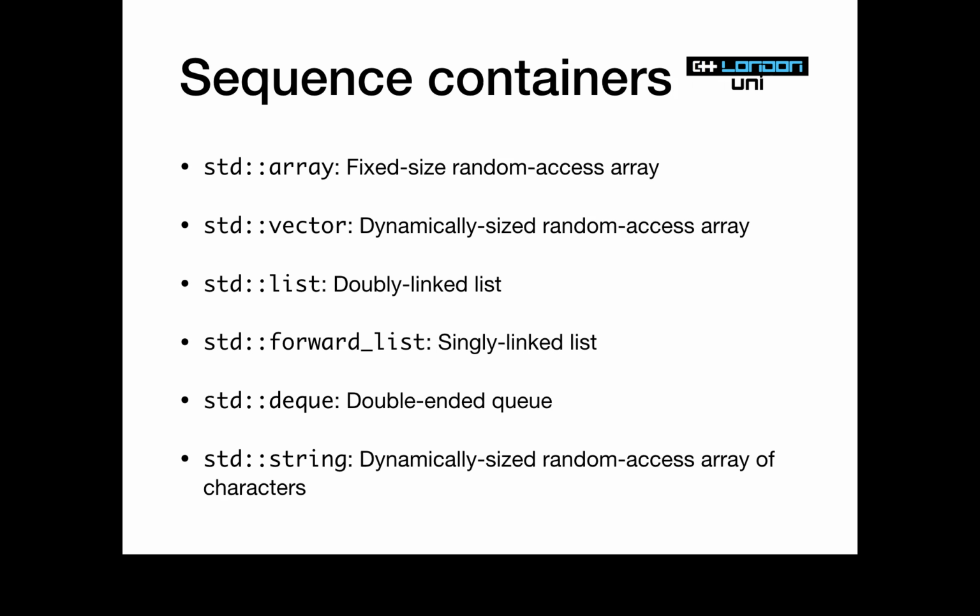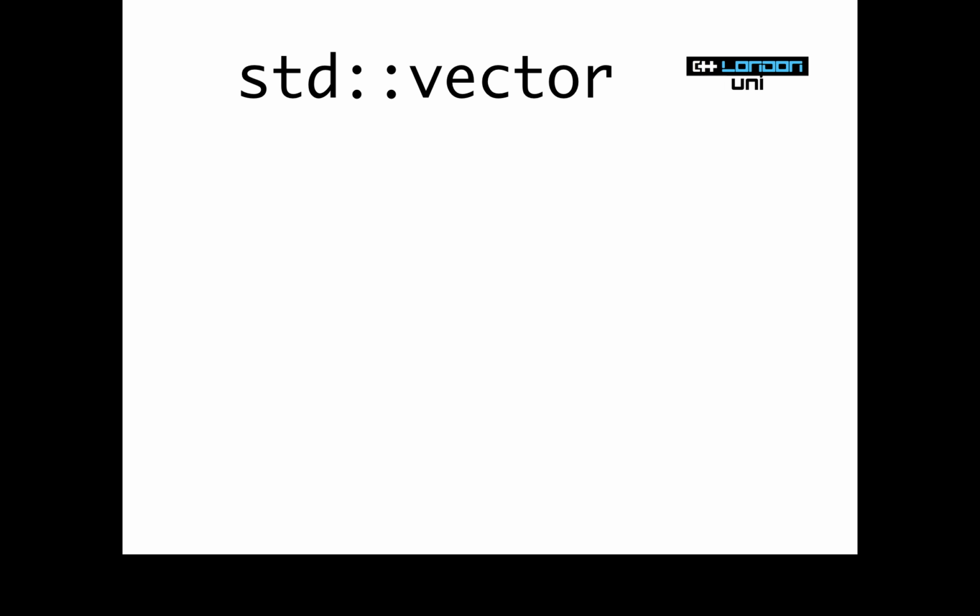So string is pretty much like a vector, but especially for storing characters, and it's got some extra member functions on there that are useful when we're dealing with arrays of characters. Again, I'm just going to run through these very quickly because I did go through them last week. But standard vector, if you're familiar with arrays or array lists, as they call them in some languages, pretty much every programming language has some notion of something like vector.